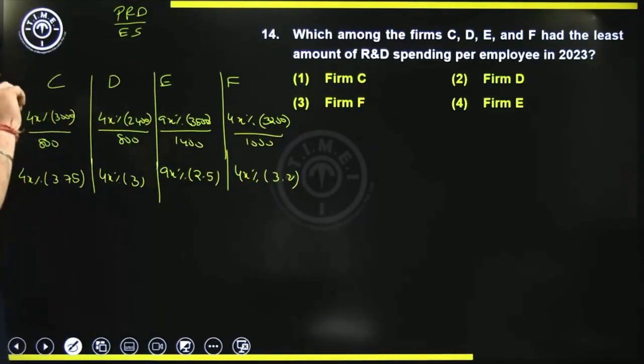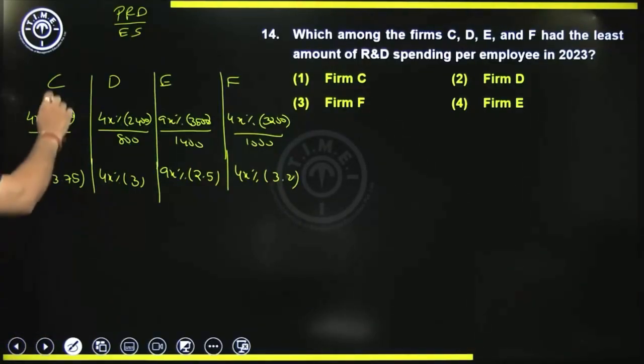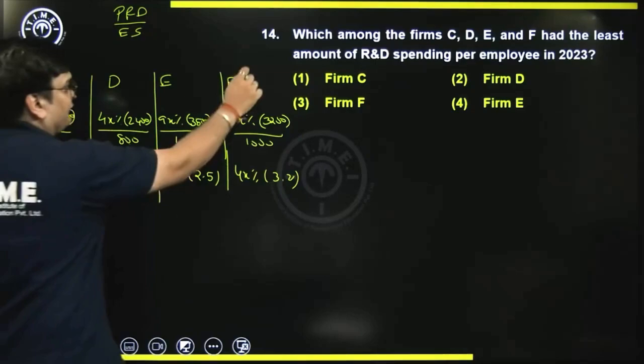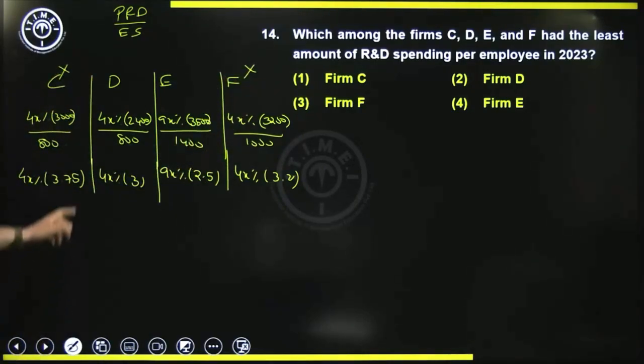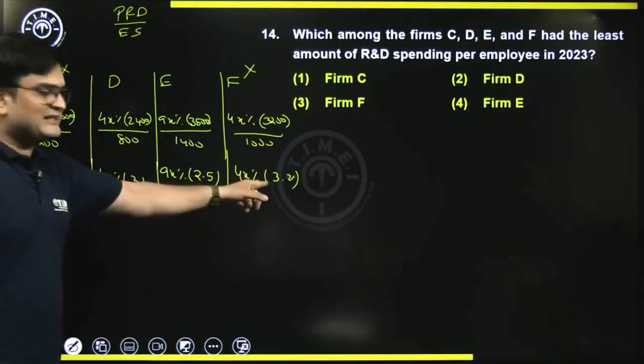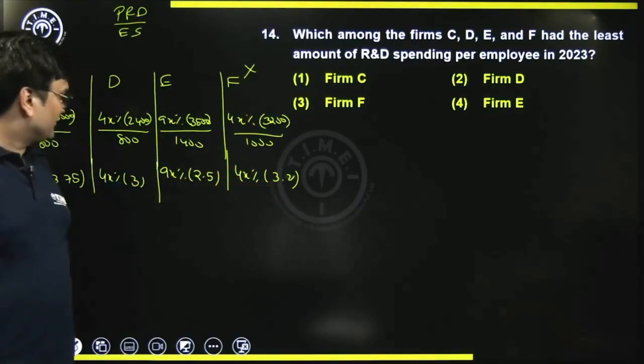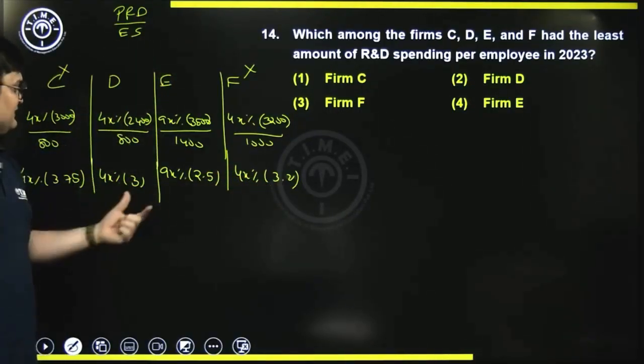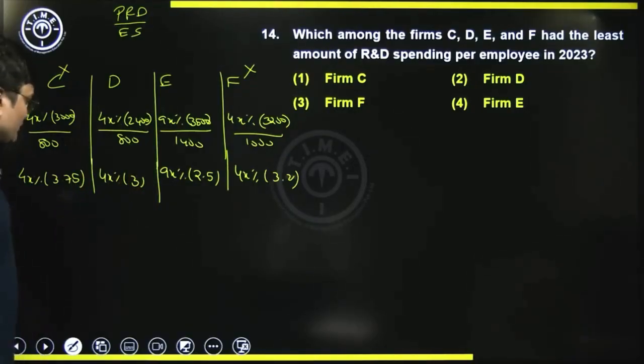We want the least. So since you want the least, can I say neither C nor F will be my answer? Why? Because I have a smaller value here clearly. 4x% of 3 is smaller than 4x% of 3.75. 3.75 is bigger, and 4x% of 3 is smaller than 4x% of 3.2 also. So neither C nor F is my answer. I need to compare these two, which is the smaller one.